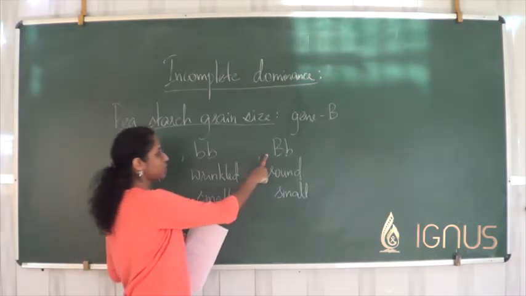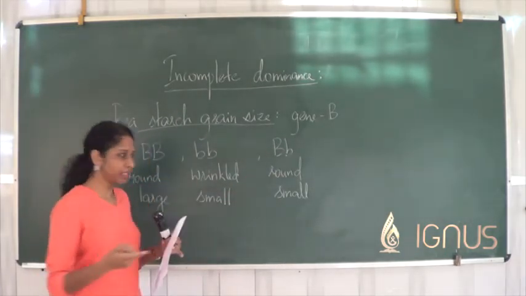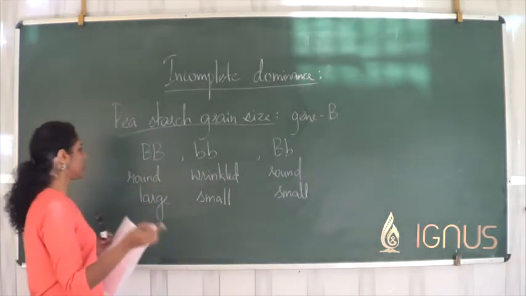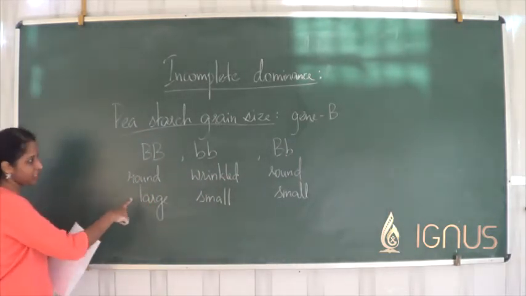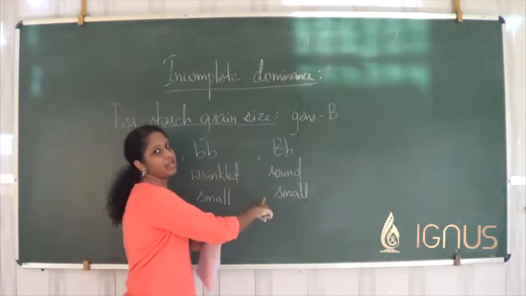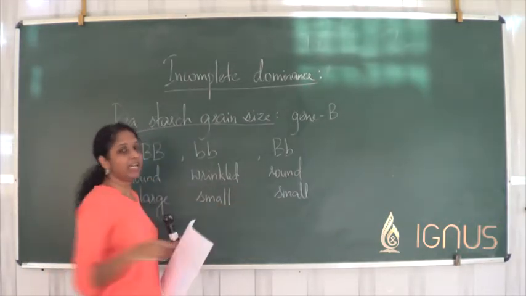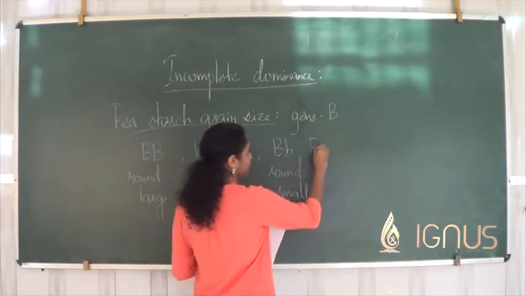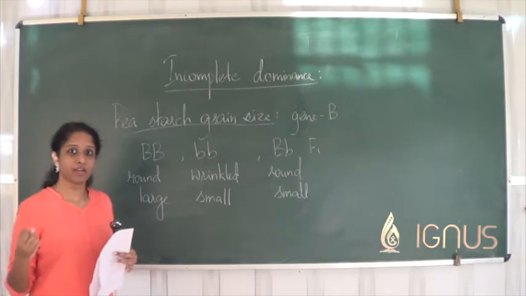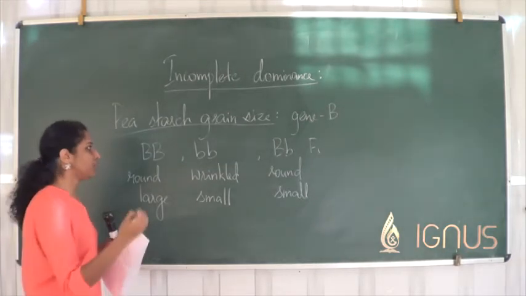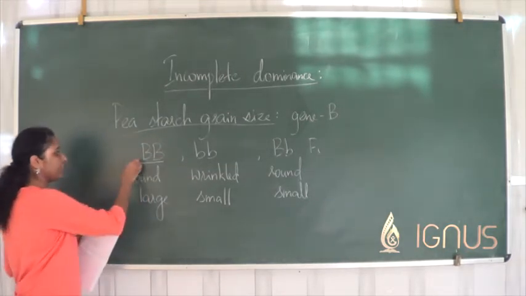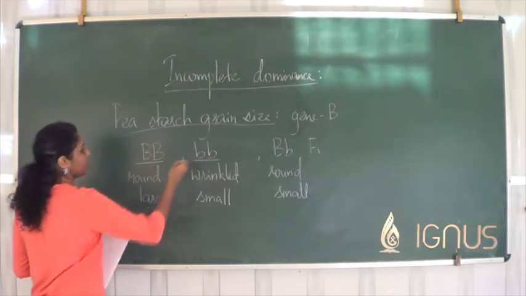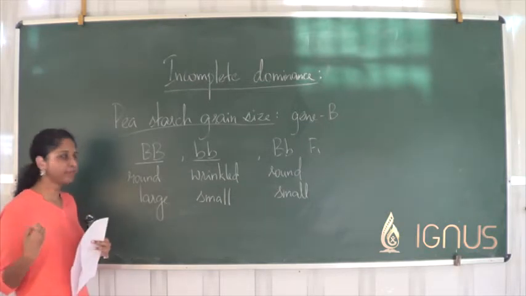If you have heterozygous, the dominant gene is not going to express completely, so instead of round and large seeds, you're going to have round and small seeds. Like in Mirabilis jalapa, this is what you will get in the F1 generation. If you cross F1 with F1, you will get back the homozygous dominant and the homozygous recessive. Okay.